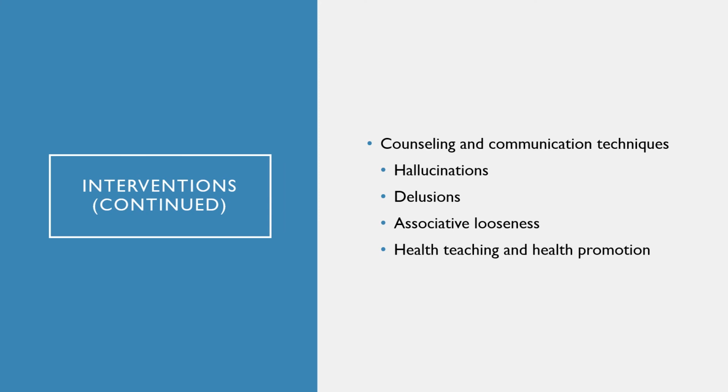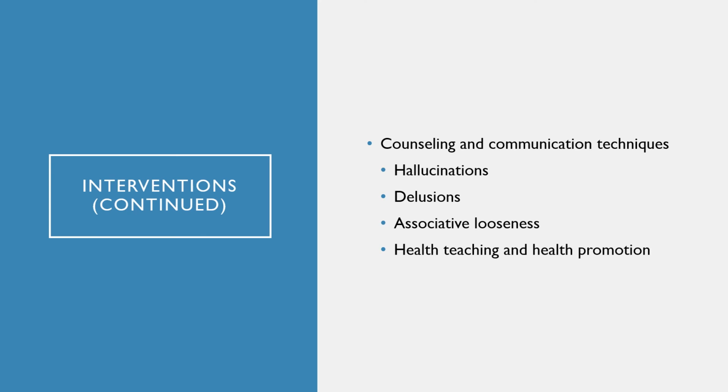If we're intervening in the middle of a delusion, we need to acknowledge that patient's experience, convey empathy, avoid questioning the delusion, and focus on helping that patient again feel safe. If we're intervening with associative looseness, we don't want to pretend that we understand when we don't. Remember that associative looseness was all of those different speech patterns, right?